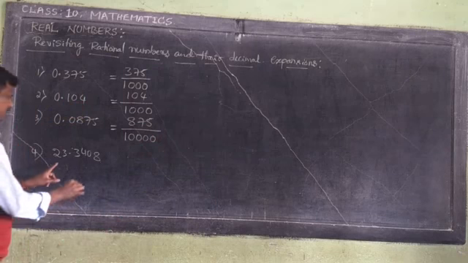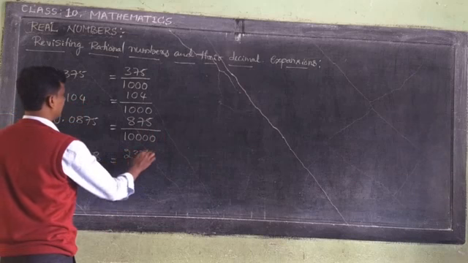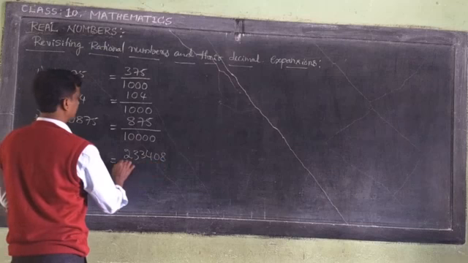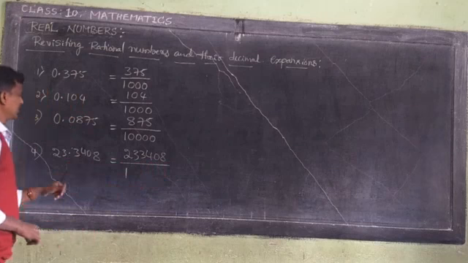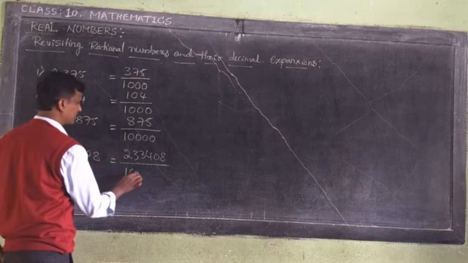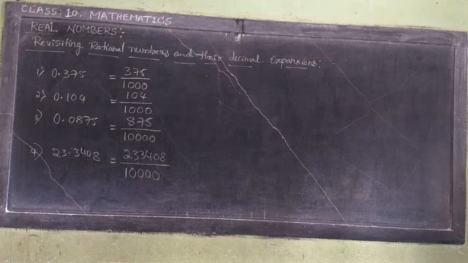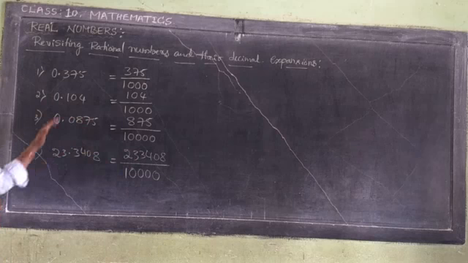The next, we have 233408 divided by 1 followed by 4 zeros, since after the decimal point we have 4 digits. These are the p by q forms.